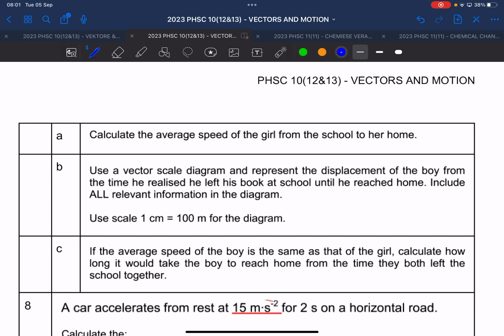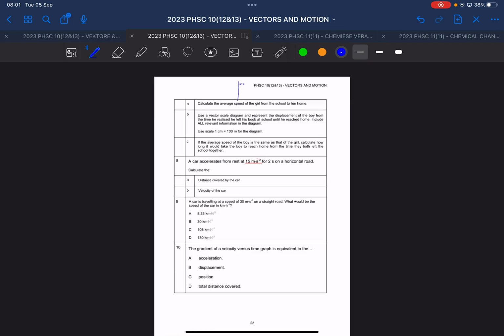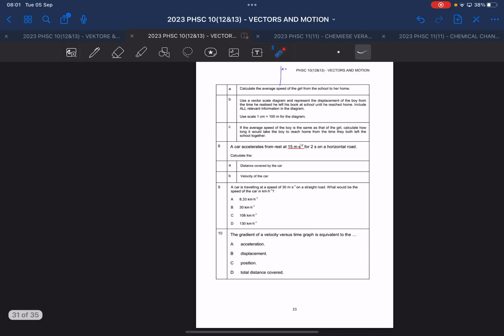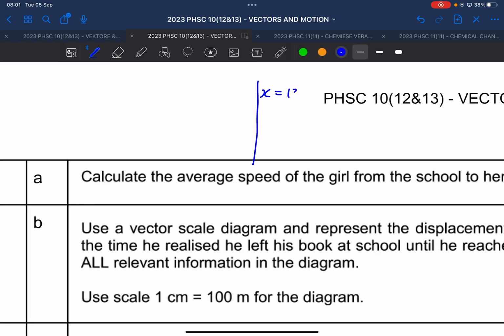Okay, so we have the girl. How far did the girl walk? Sebabatso. Okay, so we said 500 plus 800 is 1,300 meters. Okay, and the time was how long, Teppo?